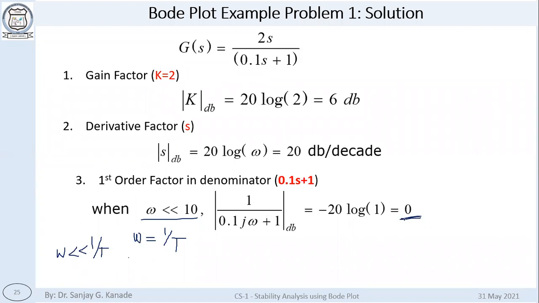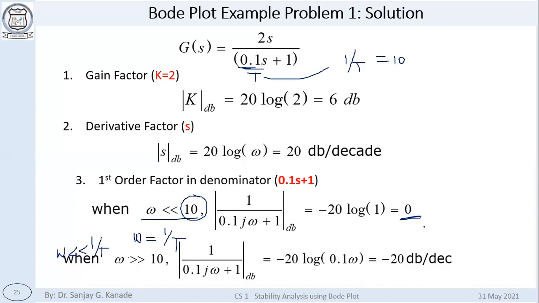Now why 10 here? T is 0.1, so 1 by T is equal to 10. So when omega is less than 10, magnitude is 0. And when omega is greater than 10, magnitude is going to be a minus 20 dB per decade straight line.